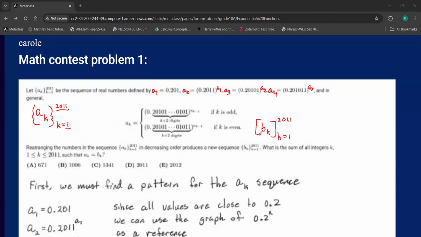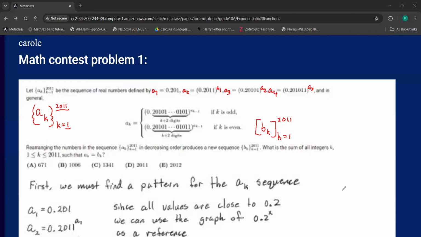What is the sum of all integers k where 1 is smaller than or equal to k, which is smaller than or equal to 2011, so basically all numbers from 1 to 2011 inclusive, such that a of k is equal to b of k.